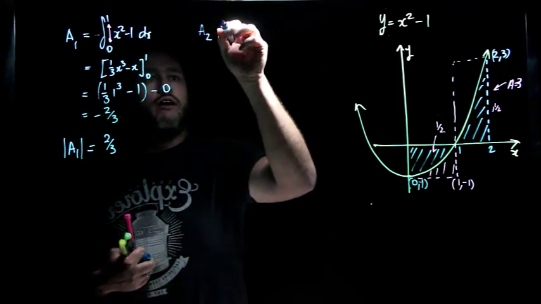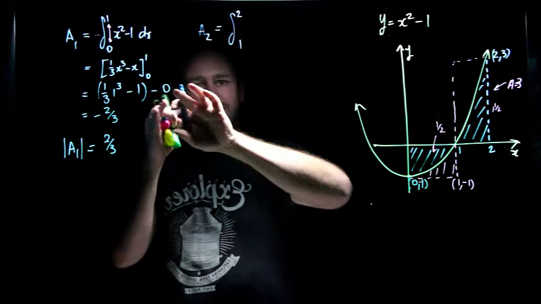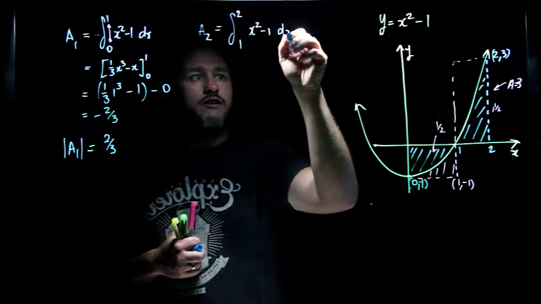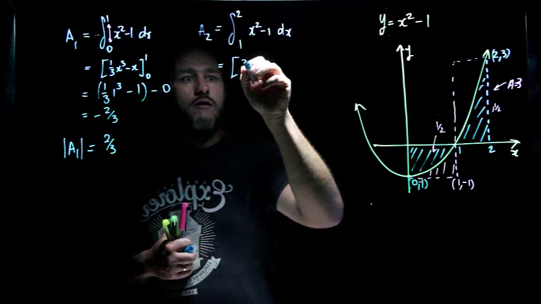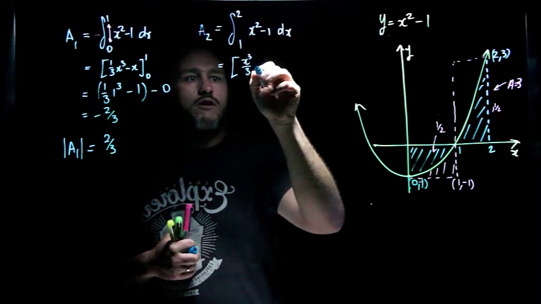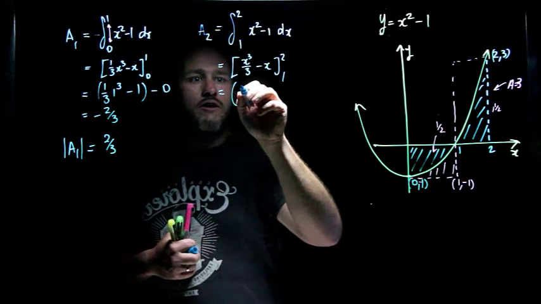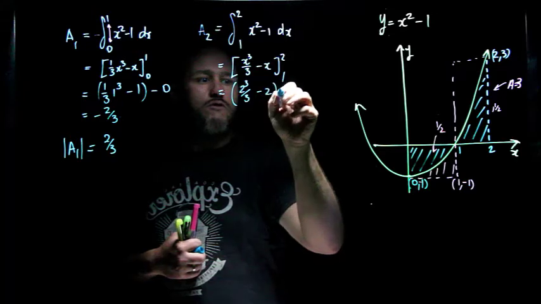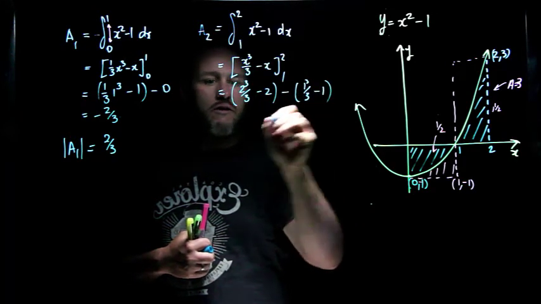Area 2, on the other hand, comes out a little bit nicer, although a little bit rougher as well, because we don't get this nice 0. Anyway, I've got x squared minus 1 dx between 2 and 1. So now I've got x cubed over 3 minus x between 2 and 1, and that gives me 2 cubed over 3 minus 2 minus 1 cubed over 3 minus 1.